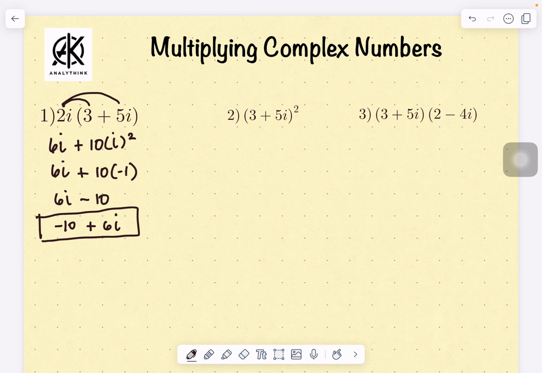So, next example, you have (3 plus 5i) squared. Now this is also equivalent to (3 plus 5i) times (3 plus 5i).